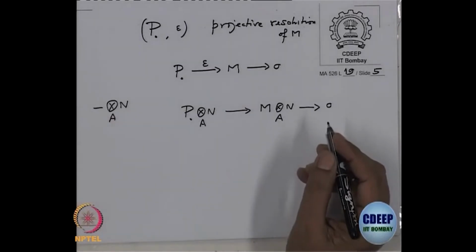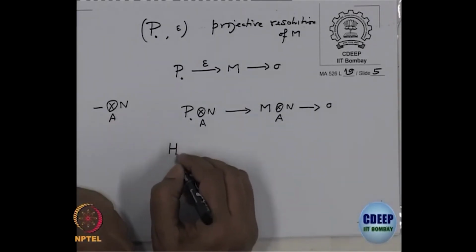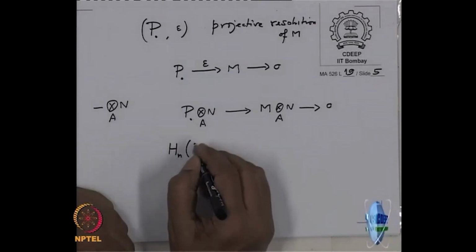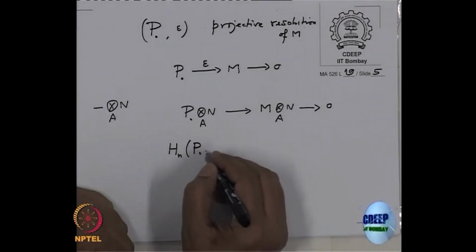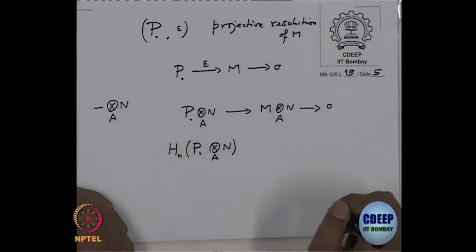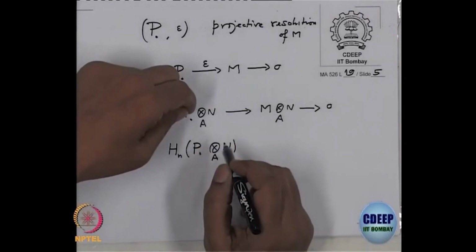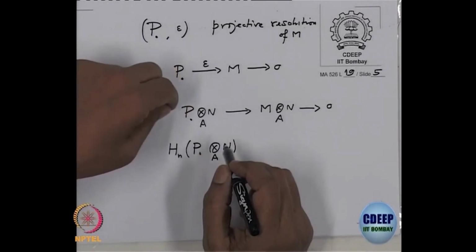So, when I take the homology there, Hn of P dot tensor over A N, how do I calculate this? At each stage you look at kernel mod image.